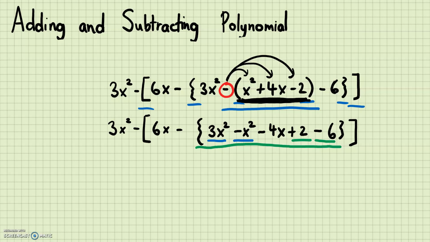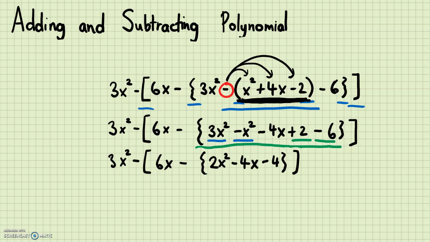Okay, so if you combine this part, 3x squared minus x squared is going to be 2x squared, minus, there's no like terms with negative 4x, so we'll just leave it as negative 4x, plus 2 minus 6. Positive 2 minus 6, that is going to be negative 4. All right, so let's write the rest of our question here. 6x, 3x squared minus.